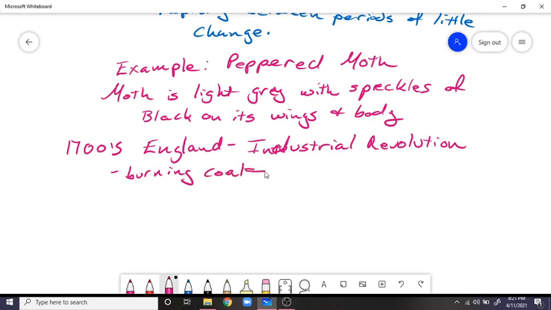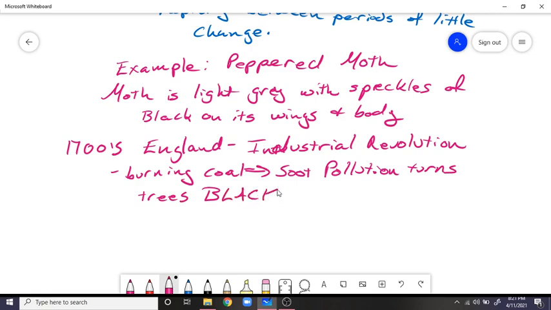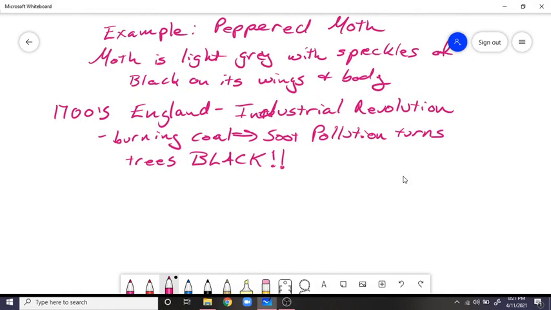And the depositing of soot all over every surface, everywhere. So the soot pollution begins to turn the trees black. So you can imagine if you are a light colored moth and your main place to hang out begins to change color, you are now going to stand out like a sore thumb.